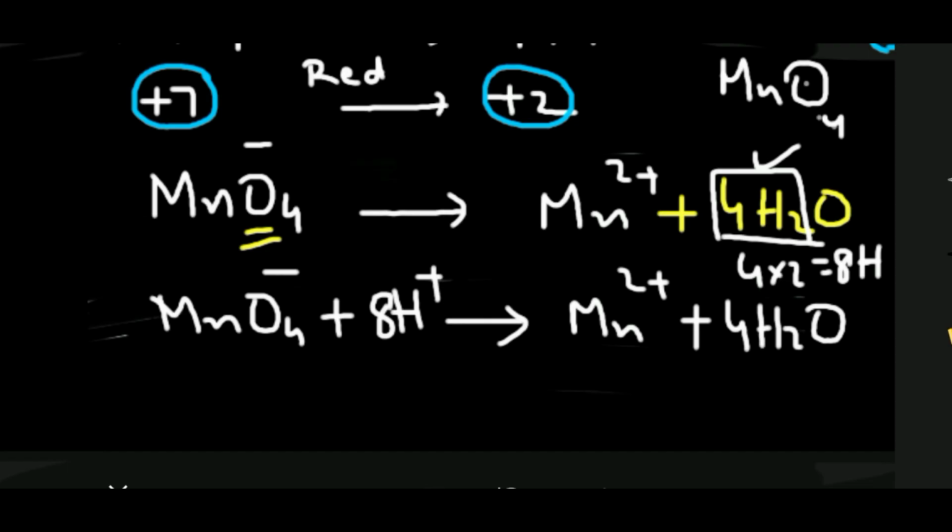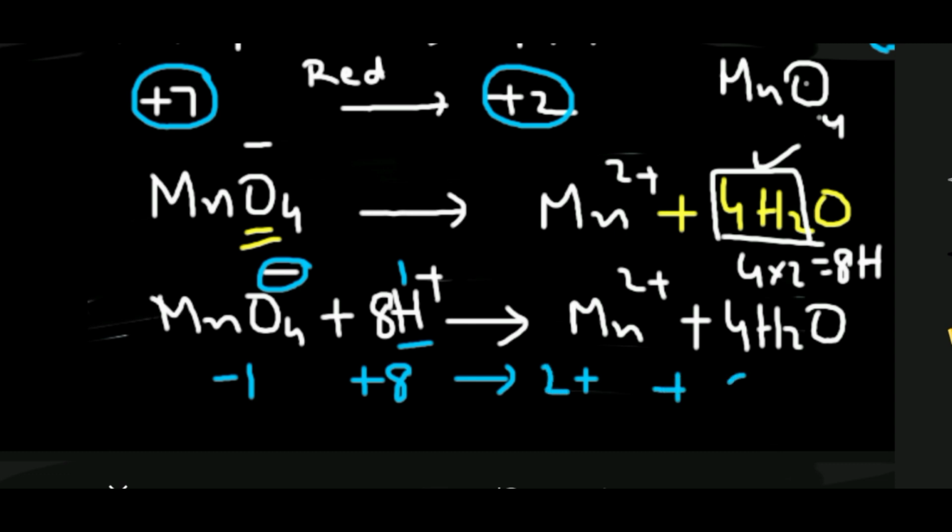Now we have to balance the charge on both sides of the reaction. Permanganate has only minus 1 charge, and hydrogen has plus 1 charge. Since there are 8 hydrogens, the charge will be plus 8 on the reactant side, while on the product side there is only plus 2 charge on the manganese.